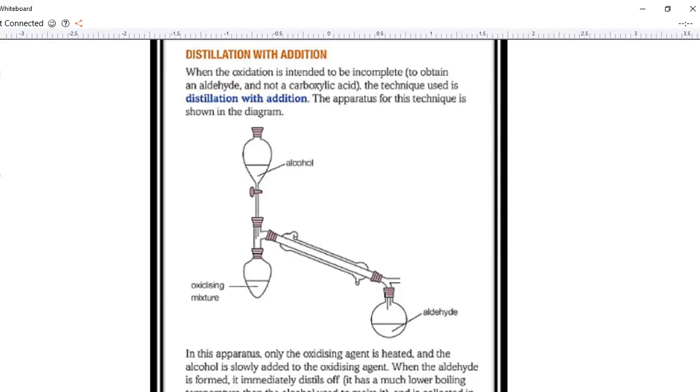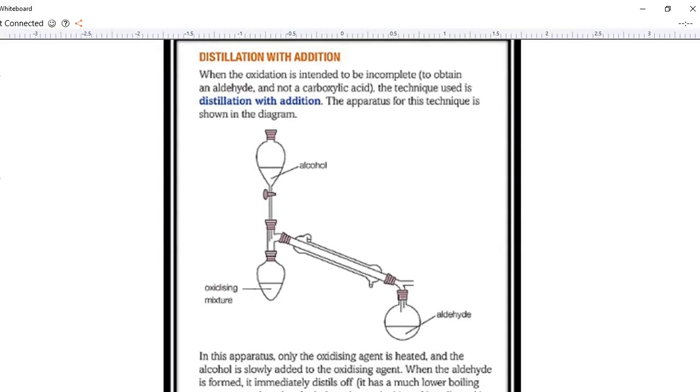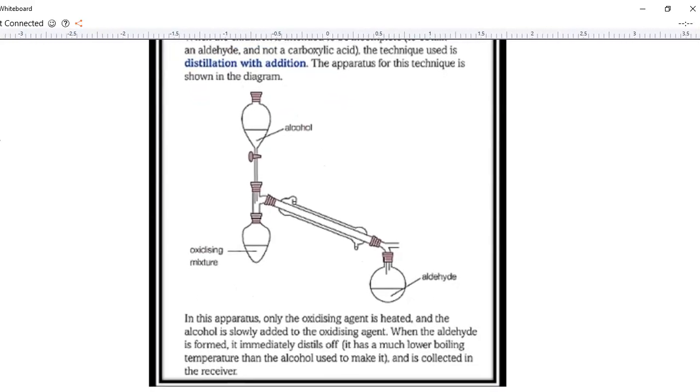In this case, we do not take primary alcohol in the reaction vessel. In the reaction vessel, we have the oxidizing agent, acidified K2Cr2O7, and we add alcohol from this flask.